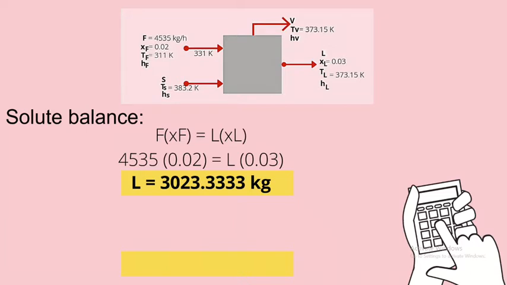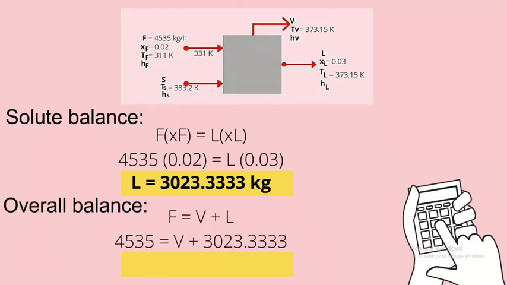wherein L is equal to 3,023.3333 kilograms. Now, from that amount of L, we can do an overall balance to get the value of V. So F is equal to V plus L. Remember, input is equal to output. So 4,535, which is the F, is equal to V plus 3,023.3333.